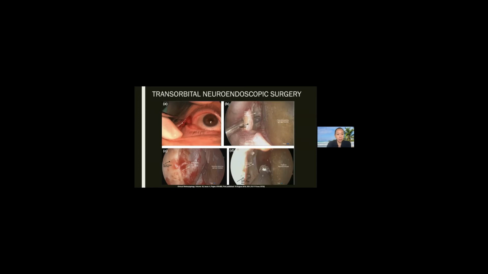The lateral orbit is here. You see hyperostotic bone from a meningioma, which is drilled out. And you can see that they preserve the orbital rim all the way into the back. And then you can see temporalis muscle, and that gets you to cavernous sinus and the middle cranial fossa.